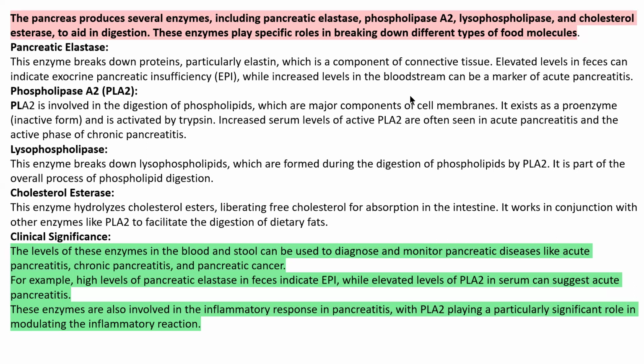Cholesterol esterase works in conjunction with other enzymes like phospholipase and helps in the digestion of dietary fats. So these mostly help in the digestion of fats. And if there is an abnormal level in your blood and stool, it means the patient is suffering from chronic pancreatitis, pancreatic cancer, or infection.